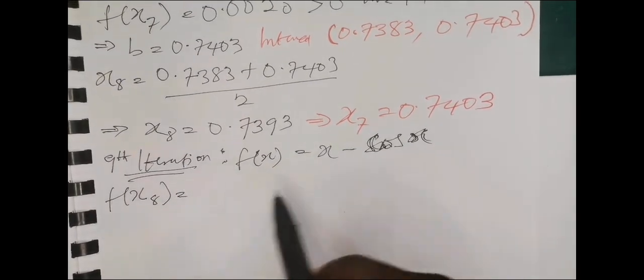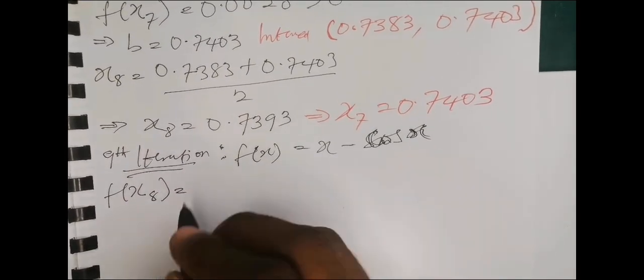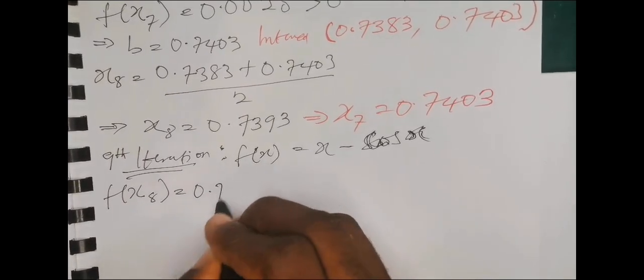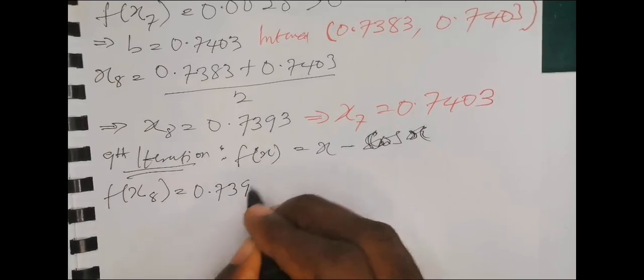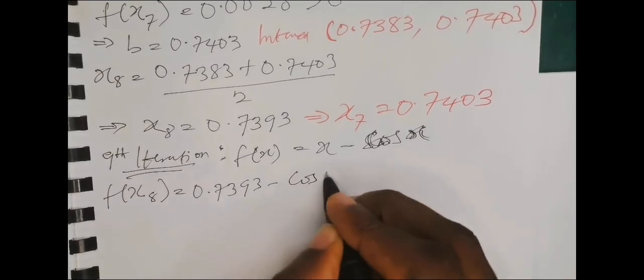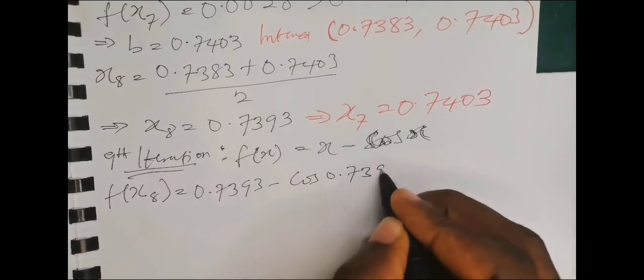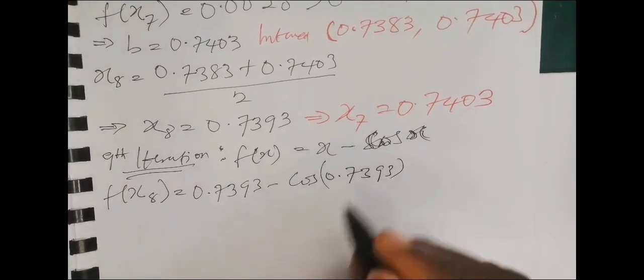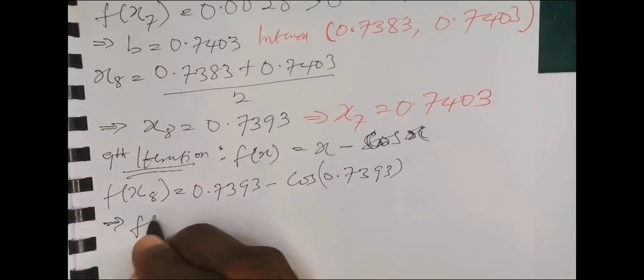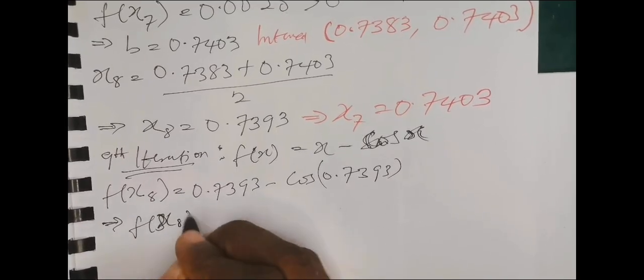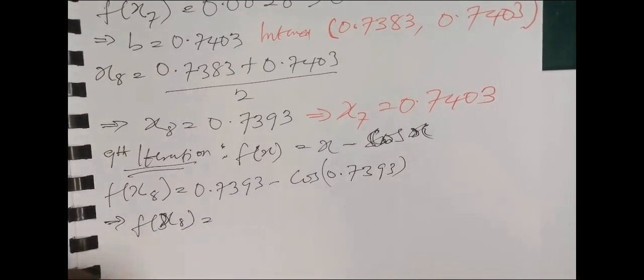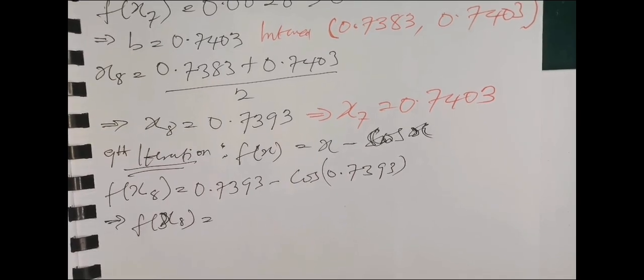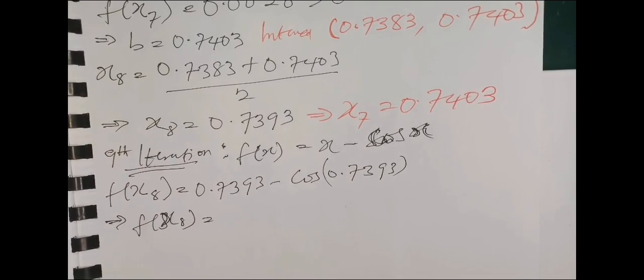In place of s, plug in the value of s8, we'll have 0.7393 minus cos 0.7393. So let's obtain the results: answer minus cos answer. This gives us 0.00035.